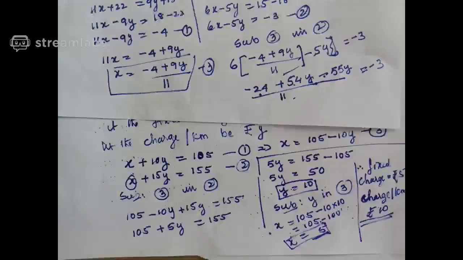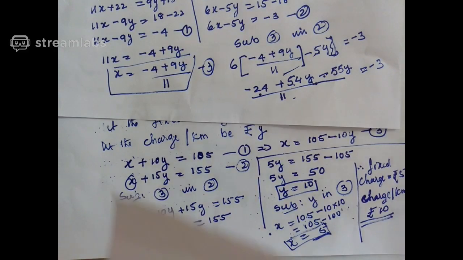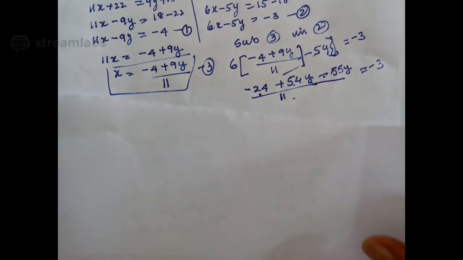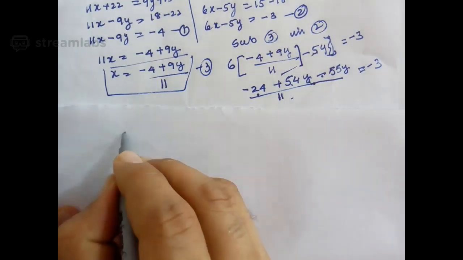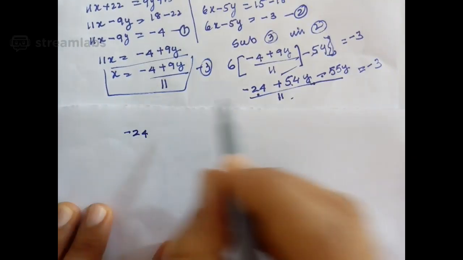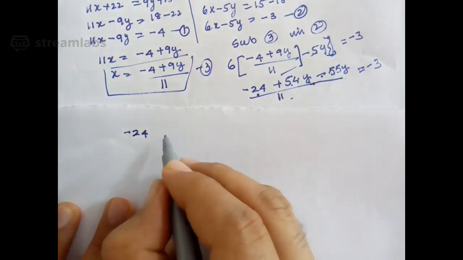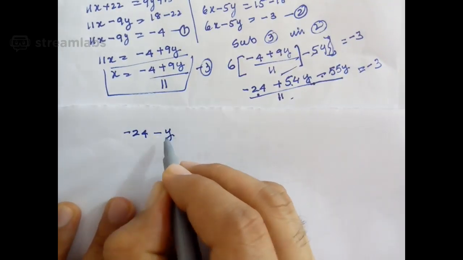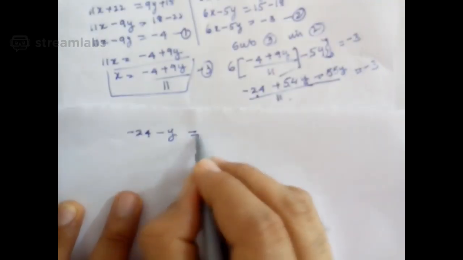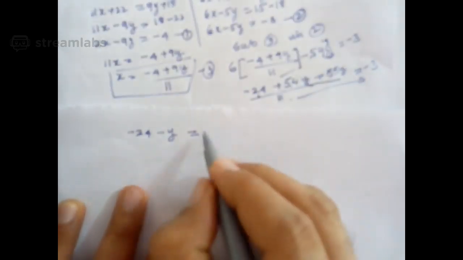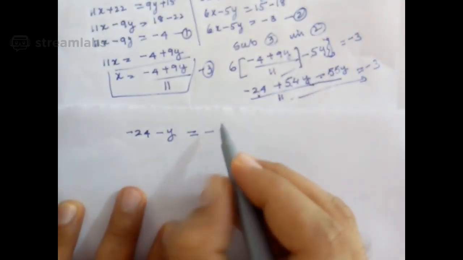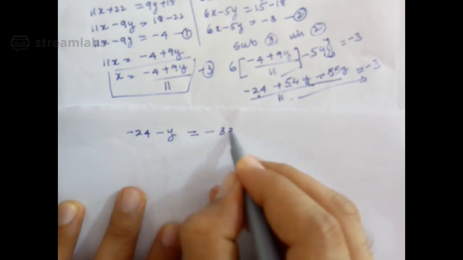Next, let us continue. That is -24. 54y minus 55y is minus y, isn't it? Is equal to 11 comes here, which is -33.